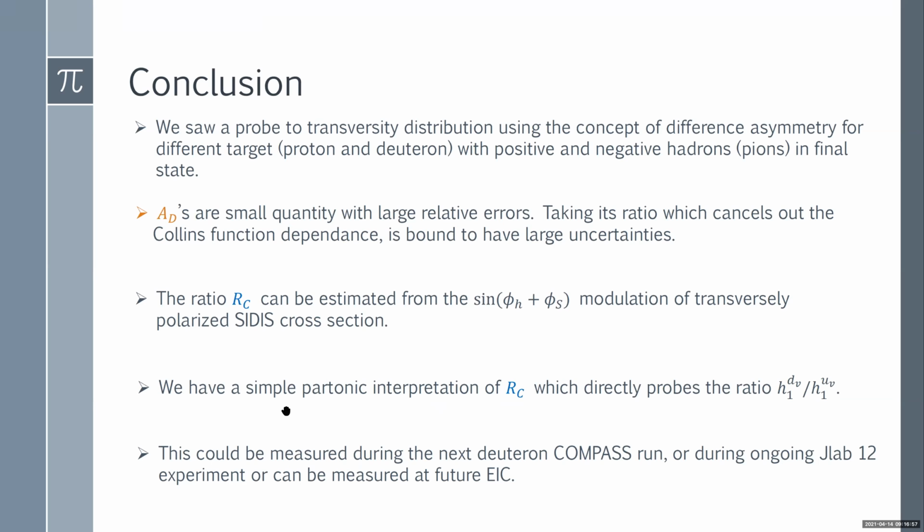From this, we are confident that the simplicity of this ratio R_C in terms of the transversity distribution will prompt and encourage its measurement. This could be measured during the next neutron COMPASS run, during the ongoing Jefferson Lab experiment, or at the future Electron-Ion Collider.